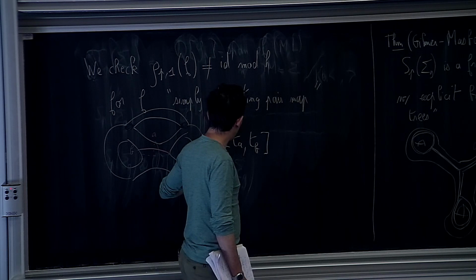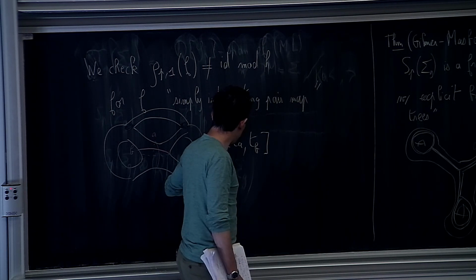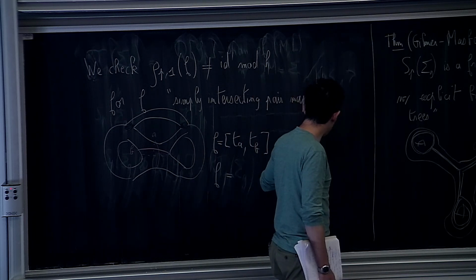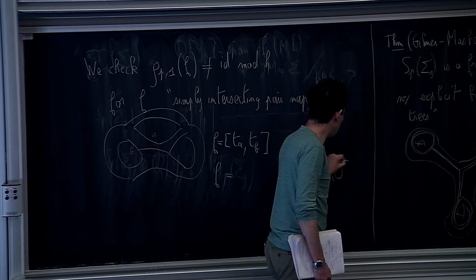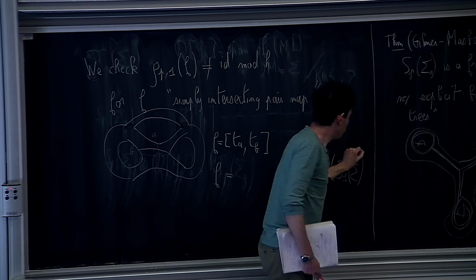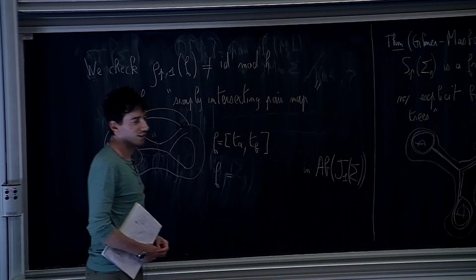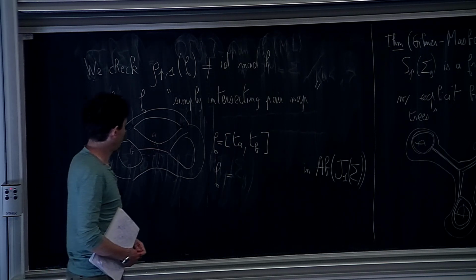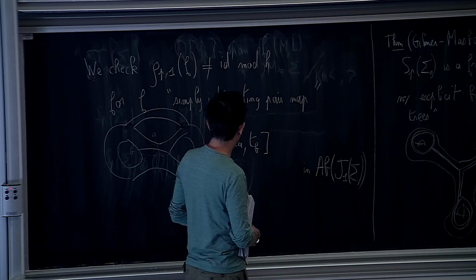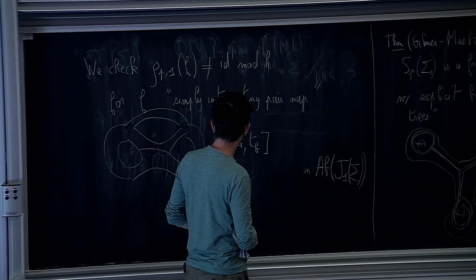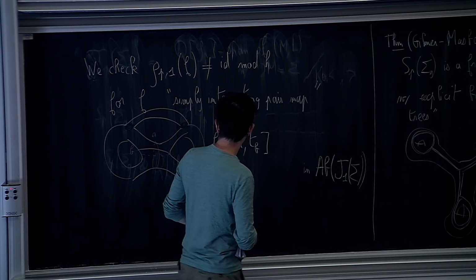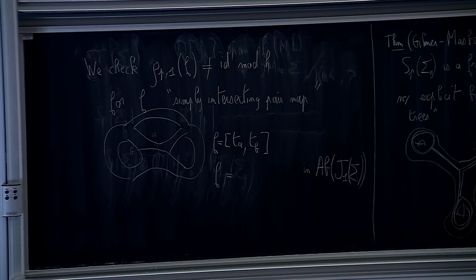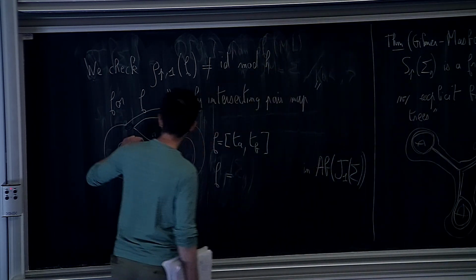And so it turns out that this guy, we can find its image in the abelianization of J1. So I can find out what is the image of this guy in the abelianization of the Torelli group.